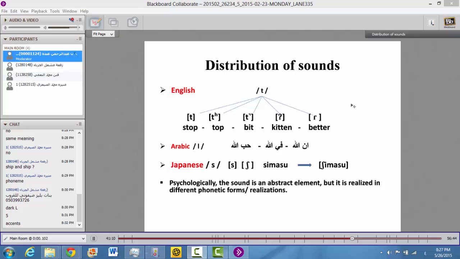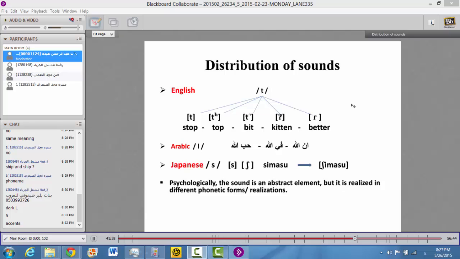Look at this example from Arabic. Inna Allah, fillahi, hubbullahi. Here we have the same la. Sometimes it's dark, sometimes it's front, soft. Inna Allah is dark. If you go back to tajweed, we don't say it the other way.